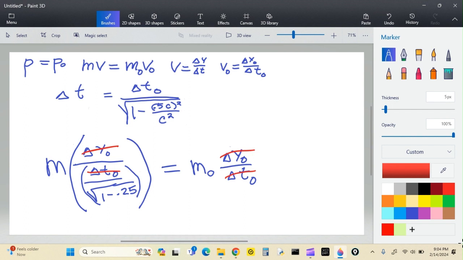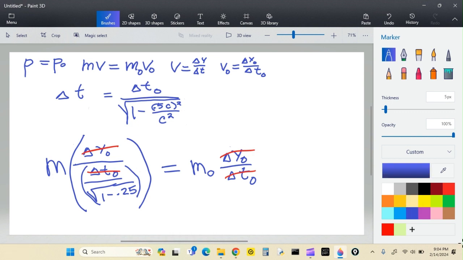Well, that's 1 over 1 over, and so actually this is m times square root of, well, let me just do it to make life easier. Let me actually put the letters down here.